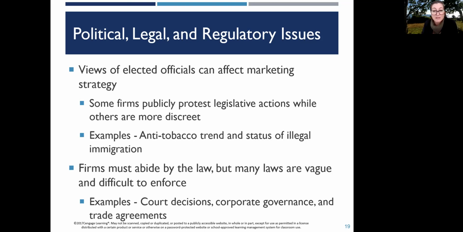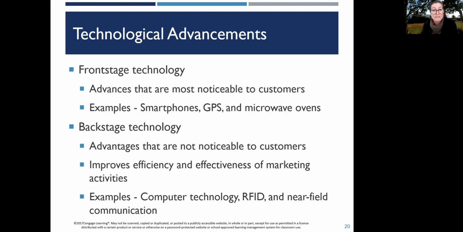Marketing is the people business. Okay, so whatever the laws are, marketing strategists need to abide by these laws. It's just that sometimes the laws are a bit vague, and so we have to dig.